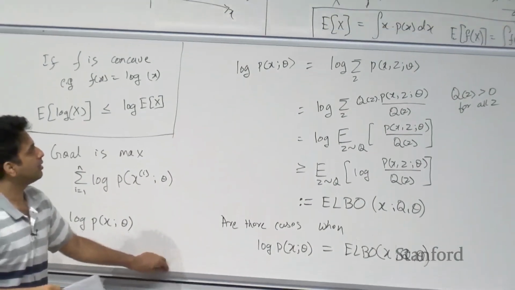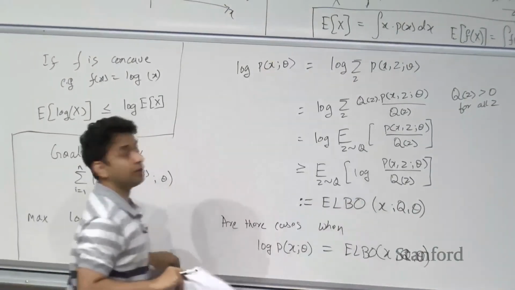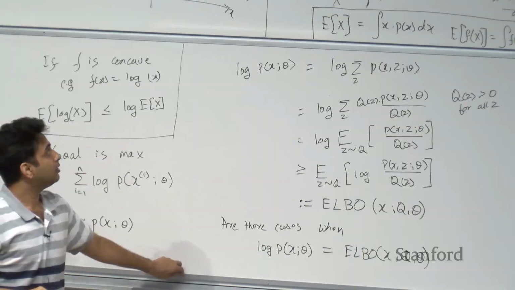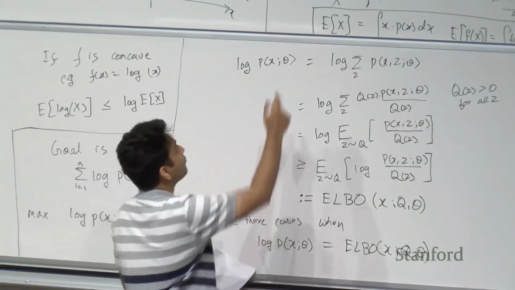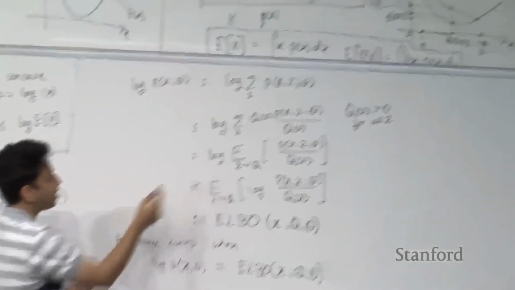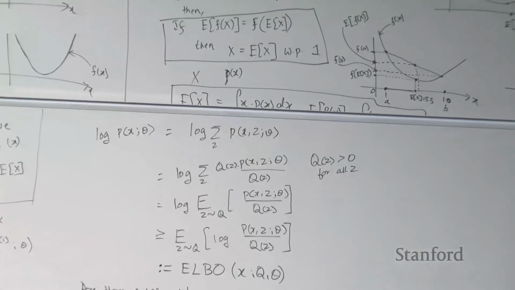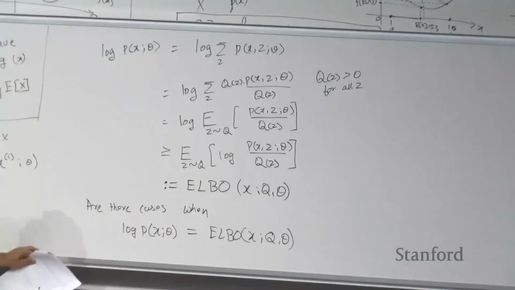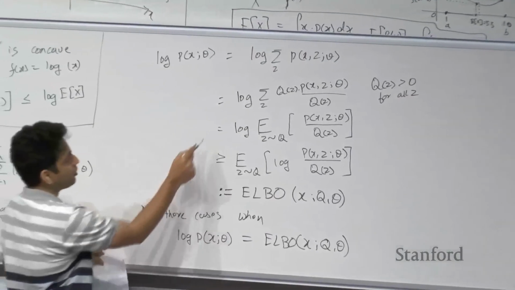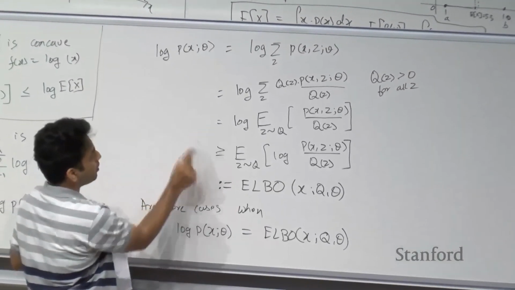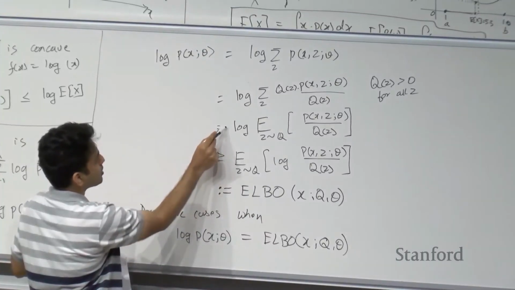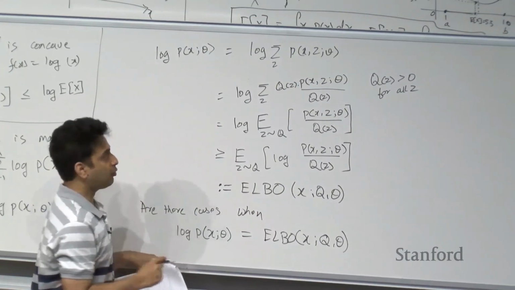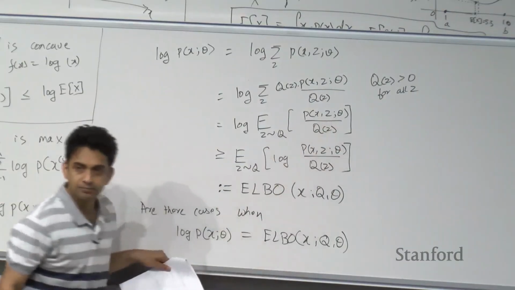It is yes because of the second part of Jensen's inequality that we saw. If f is strictly convex, then expectation of f of x equals f of expectation of x if and only if x is a constant.